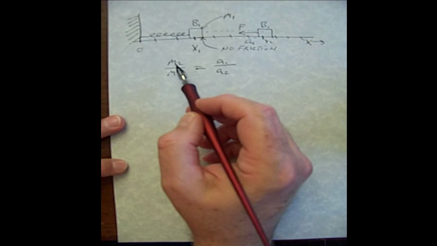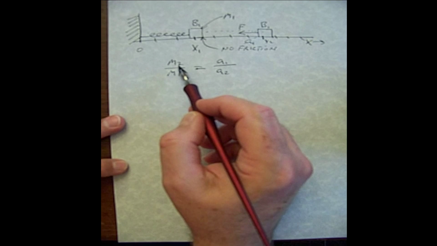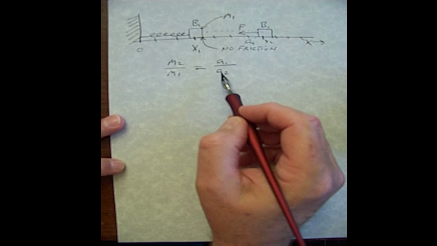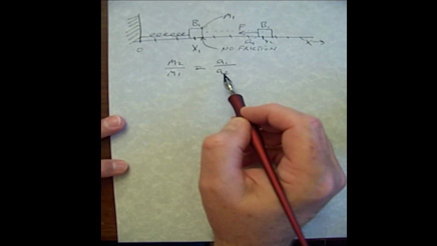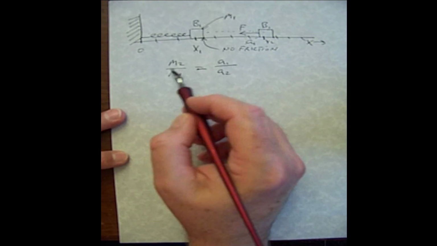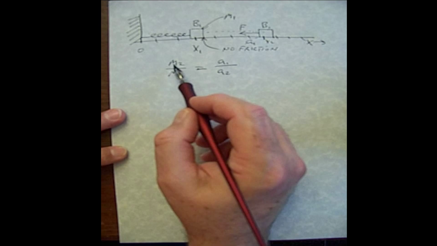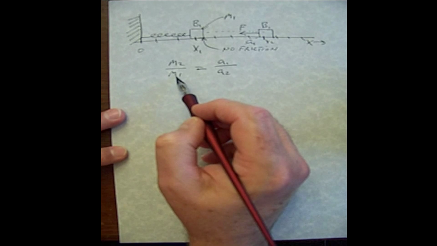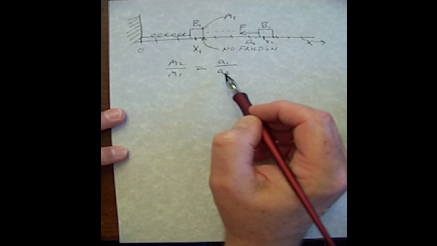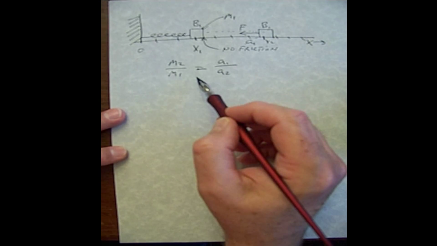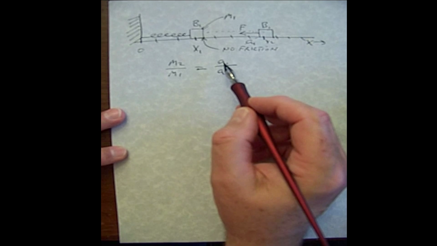And you can see from this relationship that if my second mass is larger than my first mass, then my second acceleration is going to be smaller than my first acceleration. If my second mass was 5 times larger than my first mass, then the acceleration of my second mass is going to be 1/5 the acceleration of my first mass.